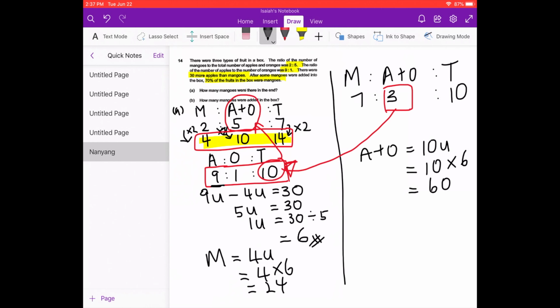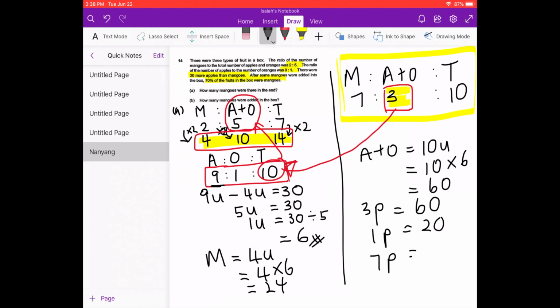From this new ratio, apples and oranges combined is 3 parts, 3p, and that will be equal to 60. So 1p will be 60 divided by 3, that will give you 20. So how many mangoes are there in the end? Mangoes, 7p. That will give you 7 times 20, so that's 140. That's your answer for part A.